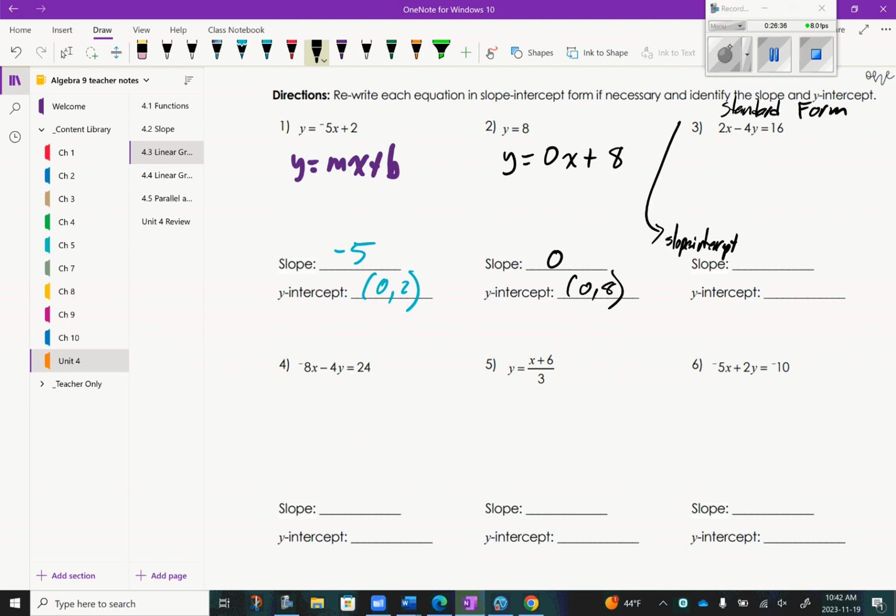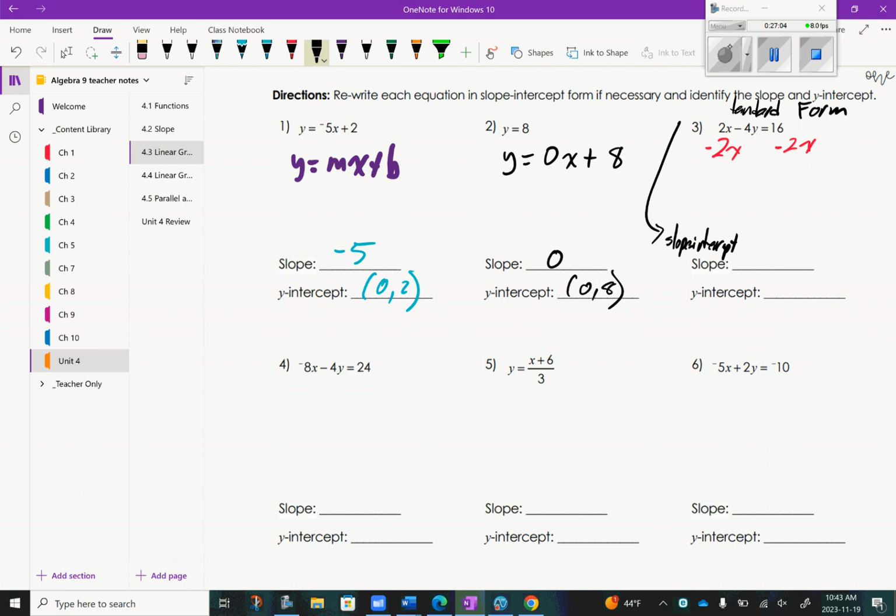Step number 1, subtract the x term. We're usually going to write this so our leading coefficient here is positive. Careful of the signs. This makes all the difference whether your slope of the line is positive or negative, where the y-intercept is above or below.